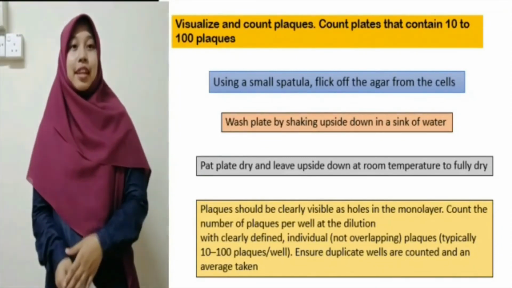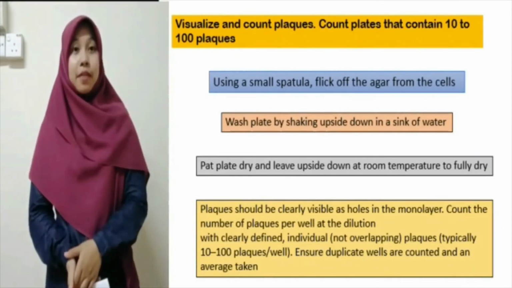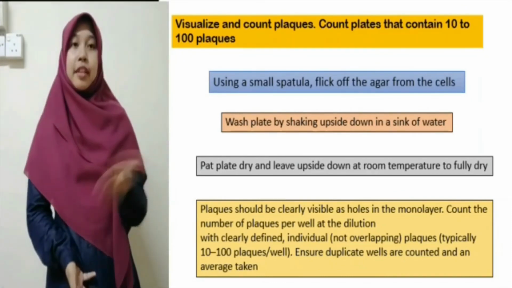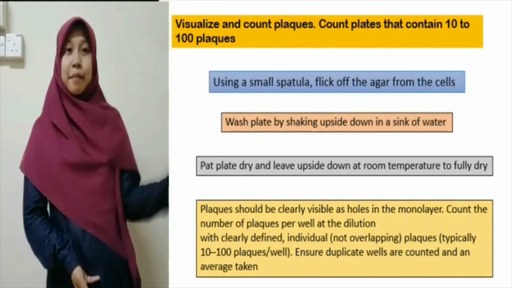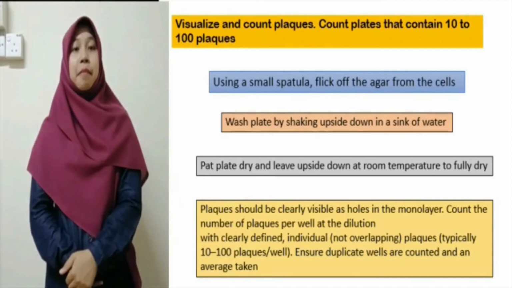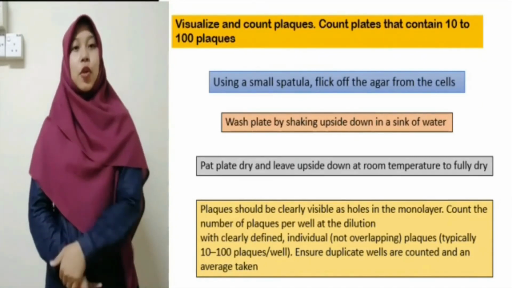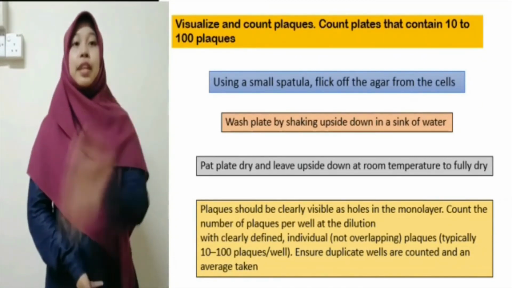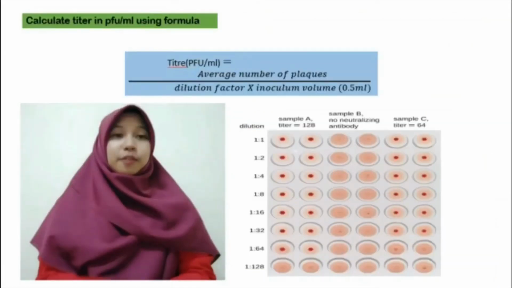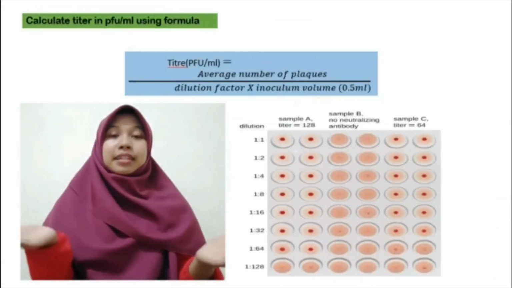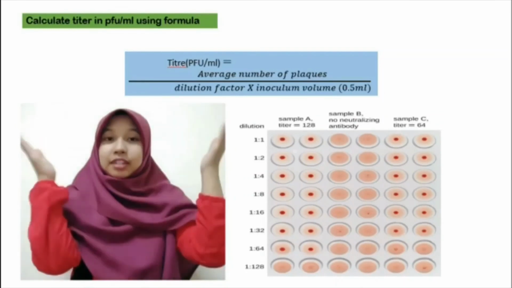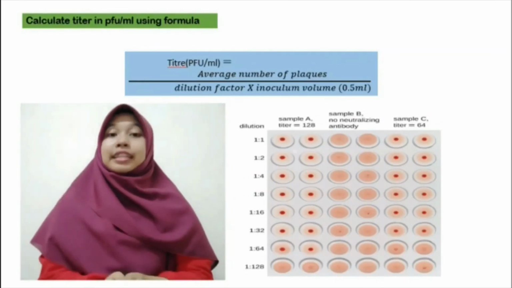After that, we can calculate the plaques that form on the monolayer. But before that, because we need to count the plaques on the monolayer, we have to remove the MEM agarose first. Then we can determine the titer by using this formula, and we can also calculate it manually.